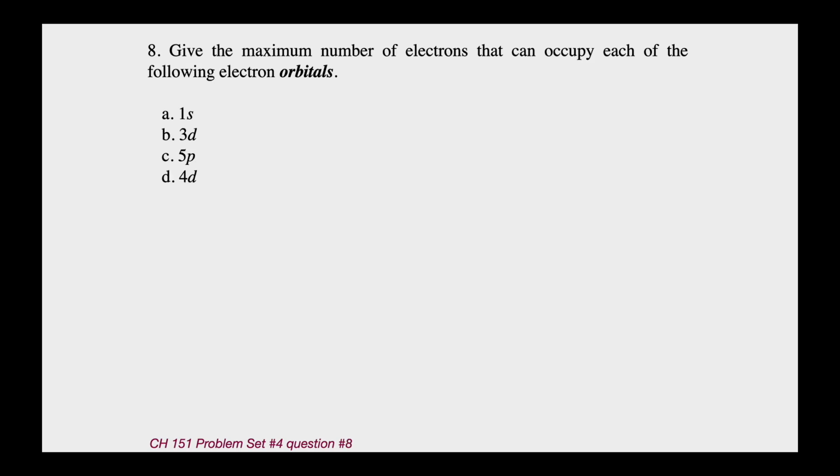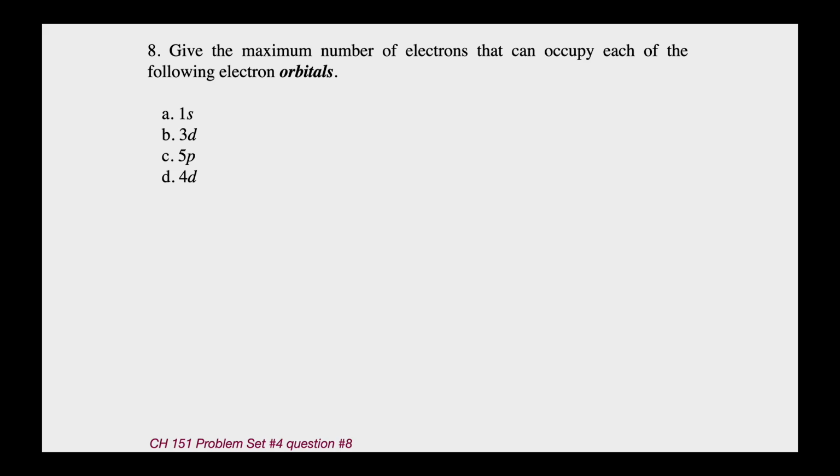This question looks very similar, but notice that it's asking for the maximum number of electrons in an orbital. Now, 1s we saw earlier was one orbital, and P's, C down there, we saw had 3 orbitals, and we took the number of orbitals and we multiplied it by 2 to get the electrons.